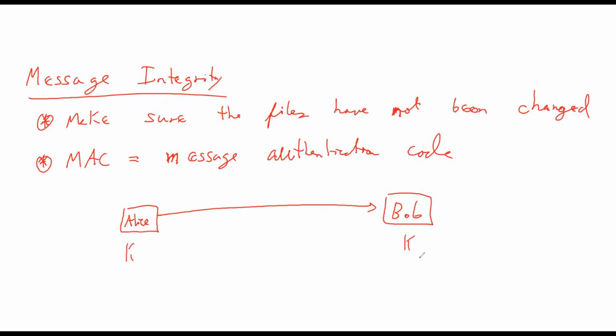Now there's a key of some type associated with this, right? And then you send the message M. And along with the message, you're going to send a little tag. Okay?